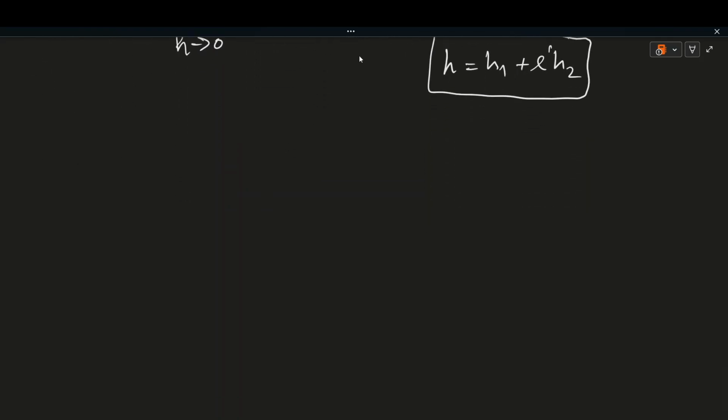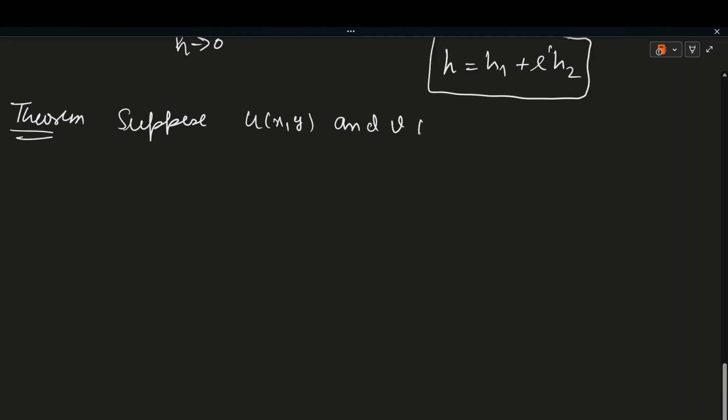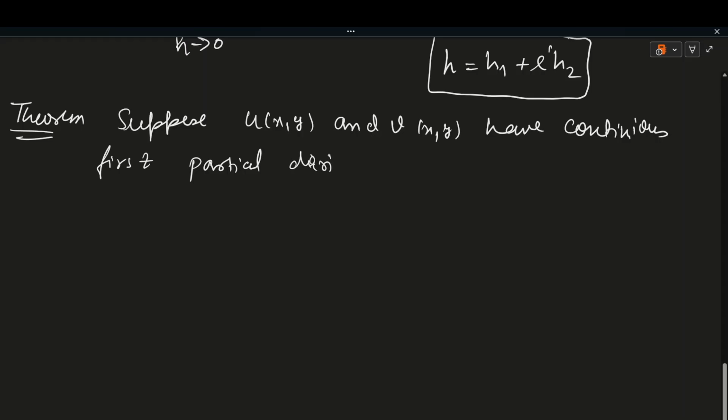Right, the theorem is: suppose u(x,y) and v(x,y) have continuous first partial derivatives in a domain D. It is very important.